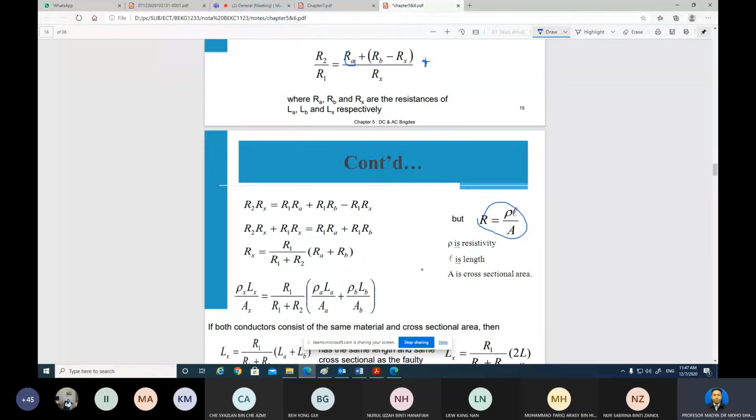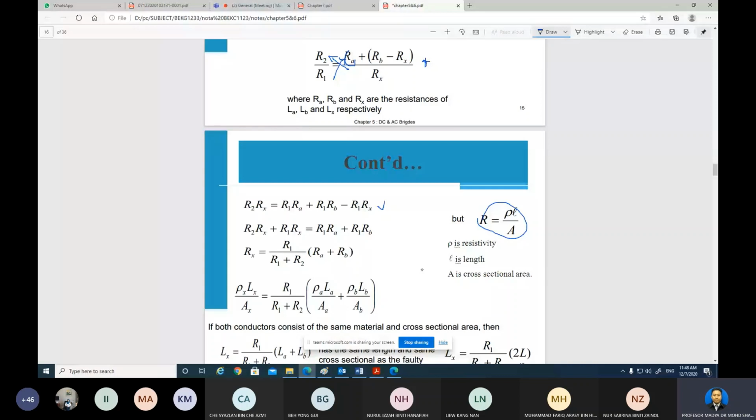From this equation we can derive like this. For example, we can cross multiply, so this one crosses this one and this one crosses this one. We get R2 multiplied by Rx equals R1 multiplied by RA plus R1 multiplied by RB minus R1 multiplied by Rx.